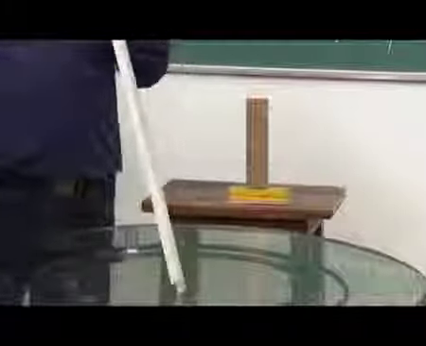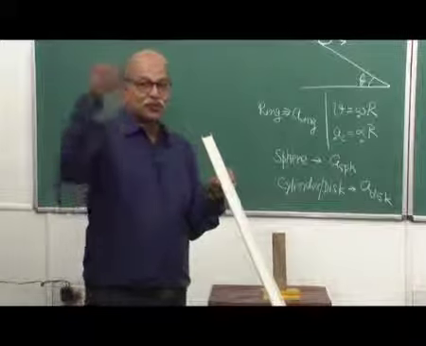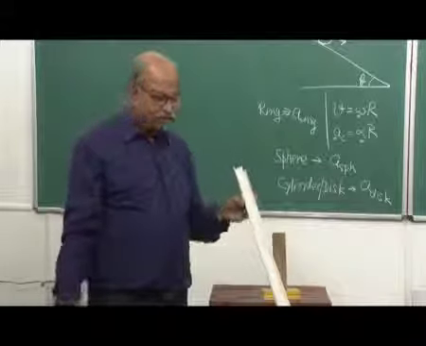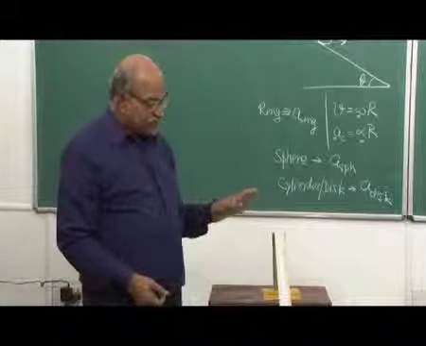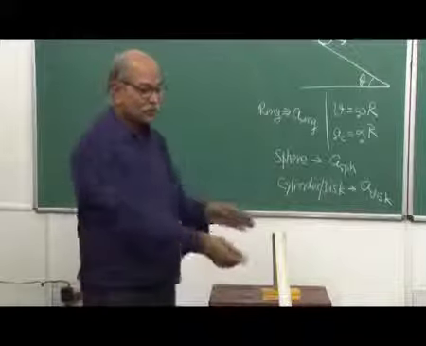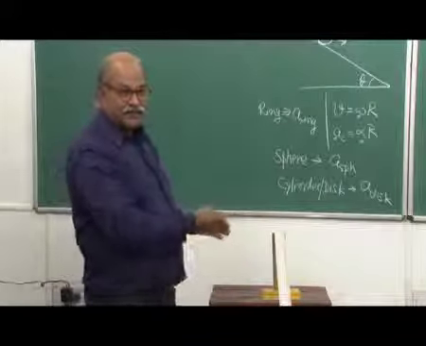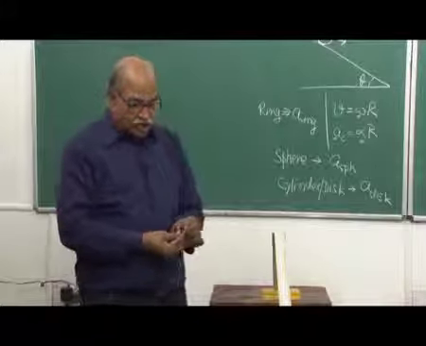This is nothing but the PVC channel used by plumbers and electricians, and I have made one side lifted so that it is approximately an inclined plane. Of course, because of its own weight, the shape is not really plane. Then I have two objects.